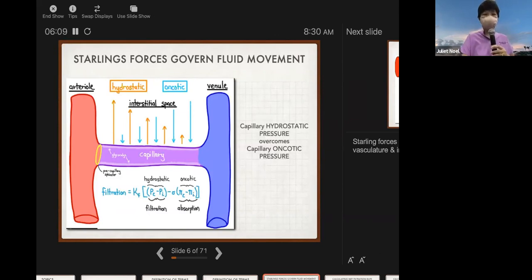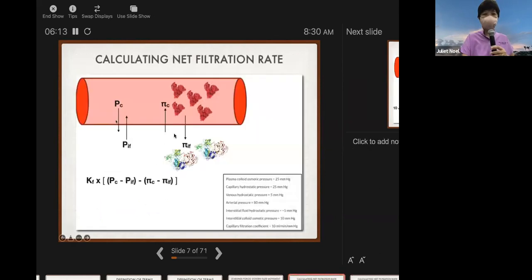To calculate the net filtration rate, KF is the capillary filtration coefficient.